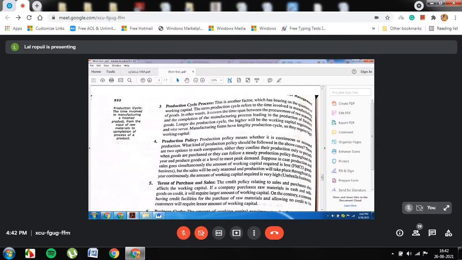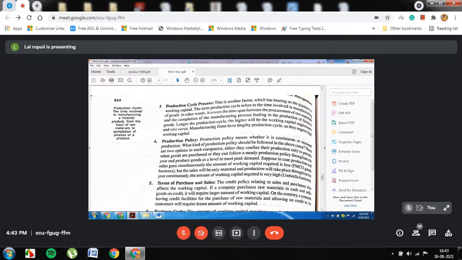For example, in a soap making business, you can make as many soaps as you want in a day, right? So for the soap industry, the working capital requirement may be less. But if you take the example of the shipping industry, to build one ship it takes about 1 year, or sometimes more than 1 year, depending upon the size of the ship. For a longer production cycle, the working capital requirement will be more.